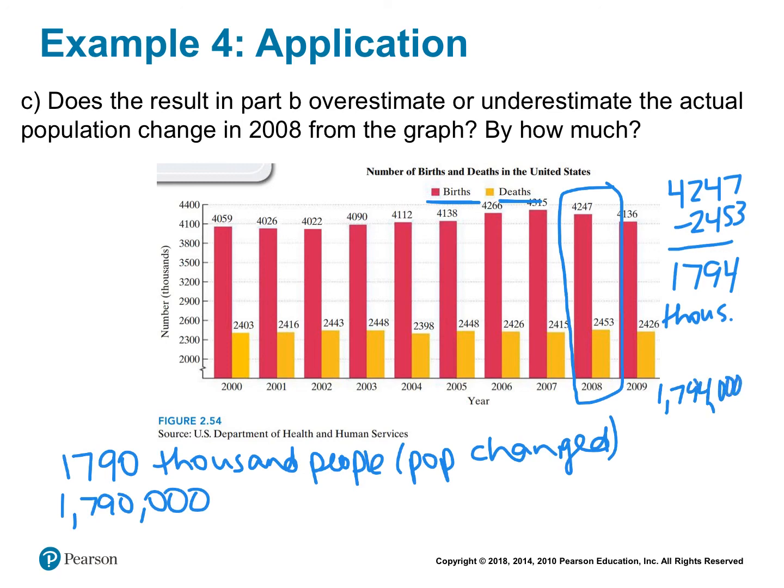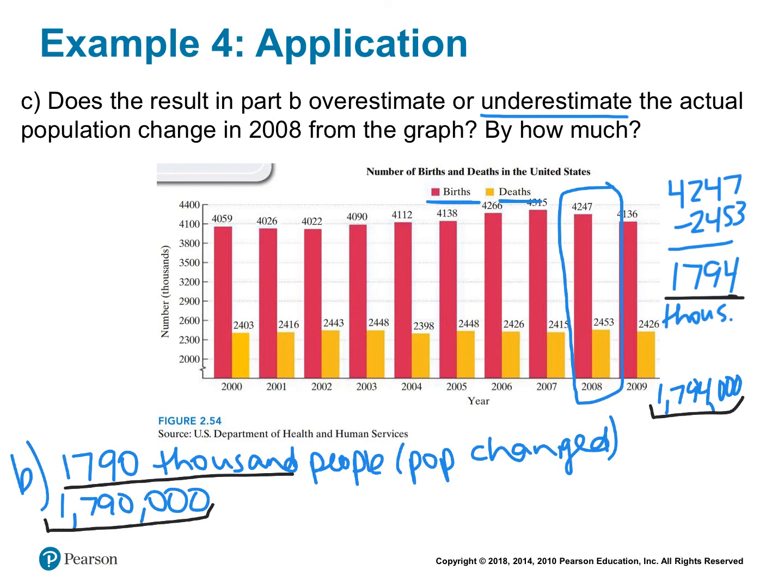Okay, so does the result in part B, this was our part B, overestimate or underestimate? It actually underestimated the actual population change, because it was actually 1,794,000. And we thought it would be 1,790,000, so we were very close, but not completely accurate.